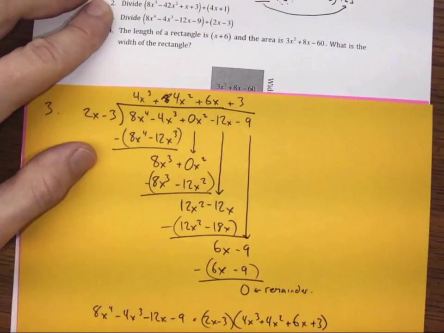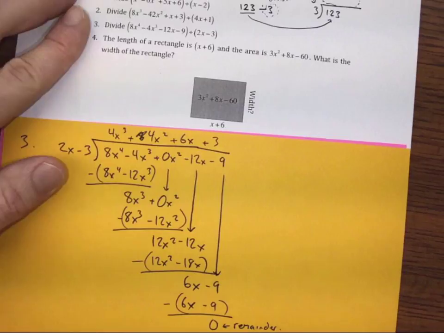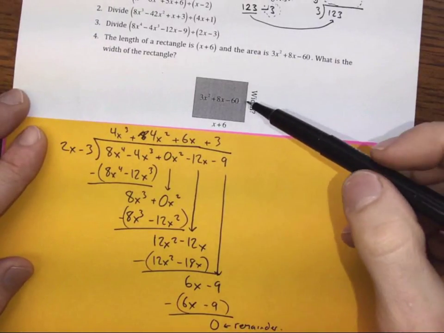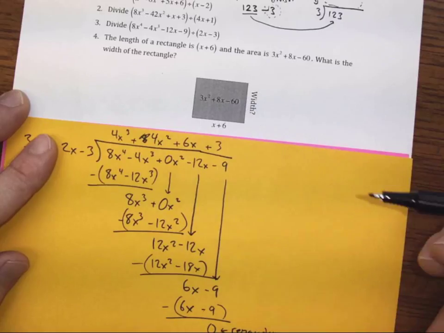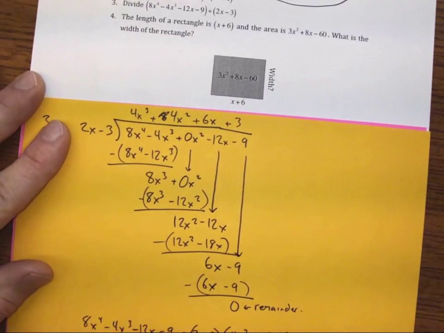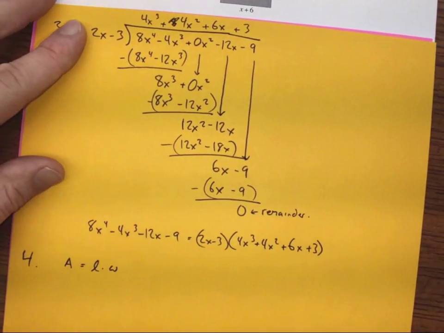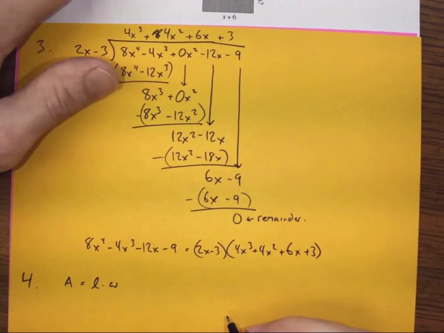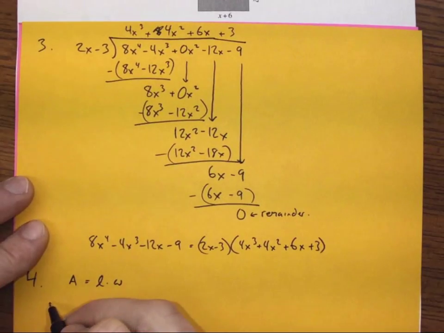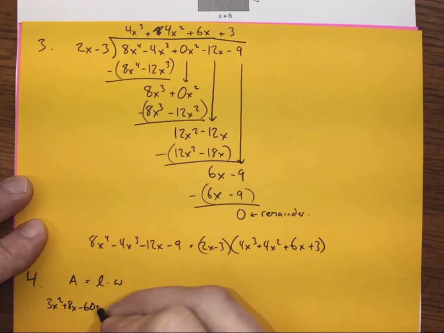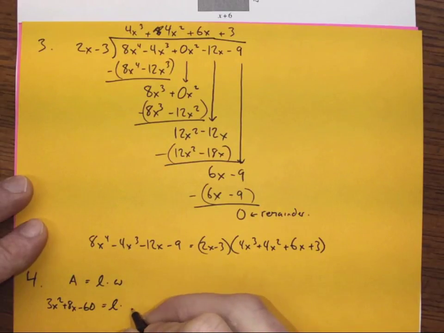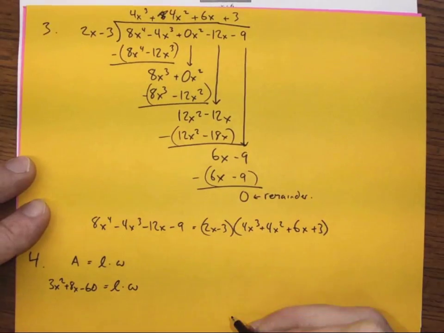Question 4 asks about an area. It says the area of this shape is 3x squared plus 8x minus 60, which is to say that the area is equal to the length times the width, right? That's one thing we know about areas. And so we overall know that the area is 3x squared plus 8x minus 60, and that's equal to some number times some other number.